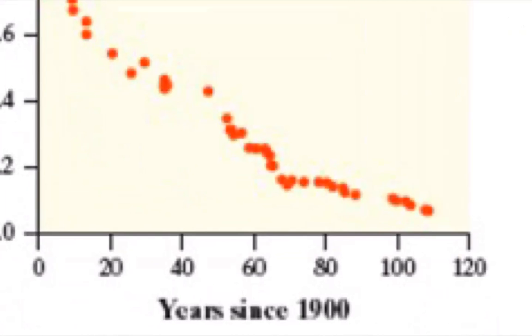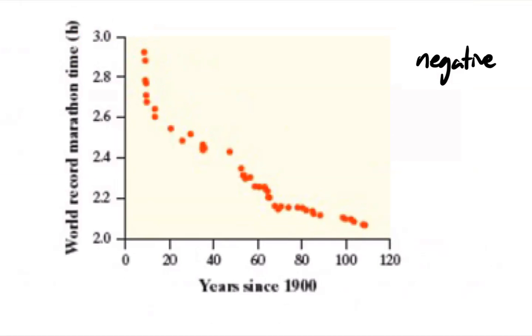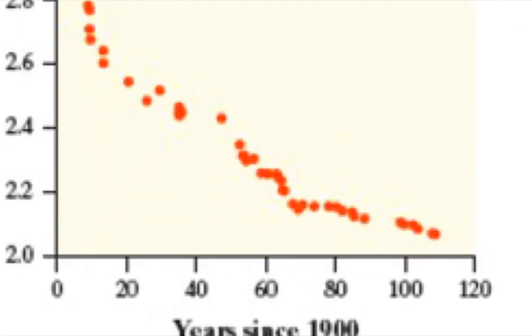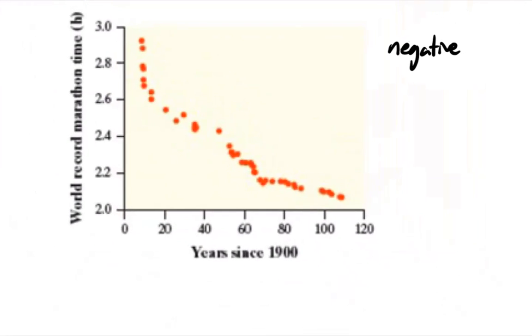But then it kind of curls up at the end, and that throws a wrench in the line. Before, it would be like this, something like that. But then it throws a curve in it, so the linear part is not as strong. So I would actually say this is a moderate.